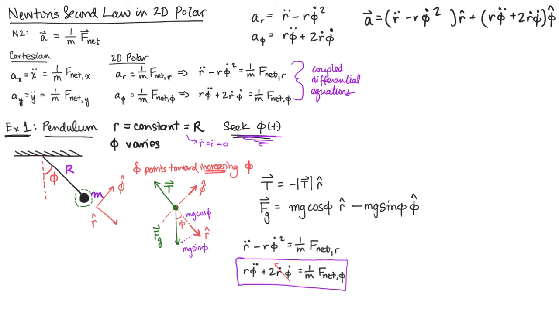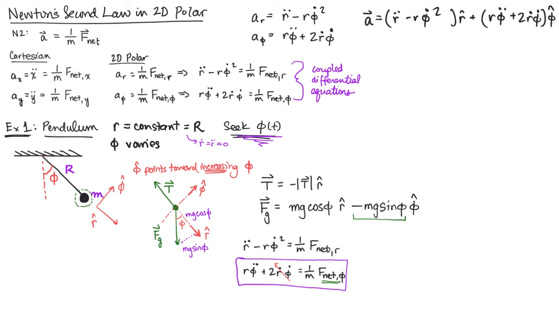And then we also need to know what is this net force in the phi direction. Well, that's the term that we already identified in the phi hat direction for FG, because there's no phi hat component to the tension.